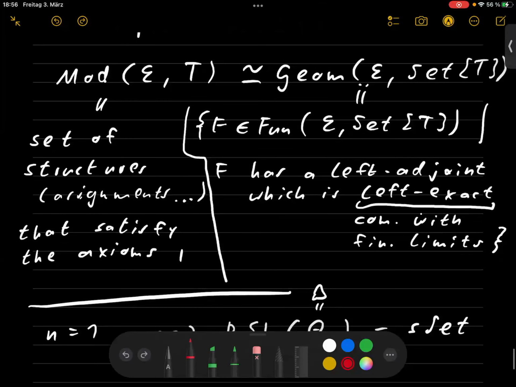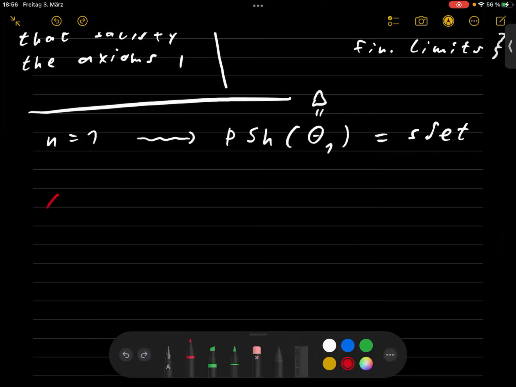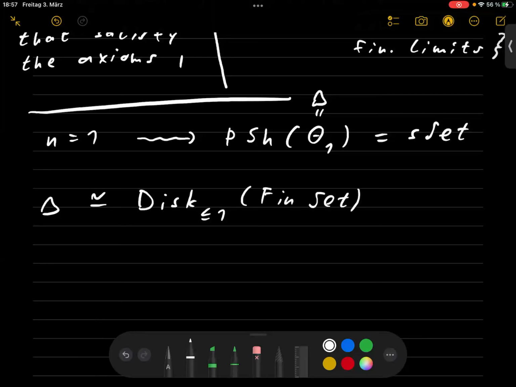And I think there's a nice picture that shows that delta is also isomorphic, or at least equivalent, to the category of intervals, but dual. So maybe finite disks, this would be how they write it, disks less than 1 in finite sets. One could call these just intervals, or for short, I write Int now.